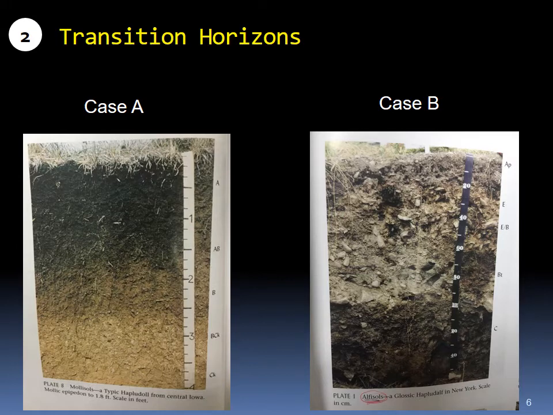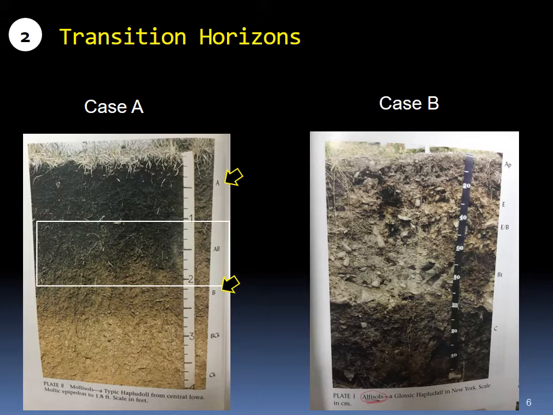Now, I want you to pay attention to case A. In case A, you would see a profile consisting of different horizons. If we focus at the top, you would see that we have the A horizon, and then the second arrow pinpoints to the B horizon. But between these two horizons, A and B, there is something different.